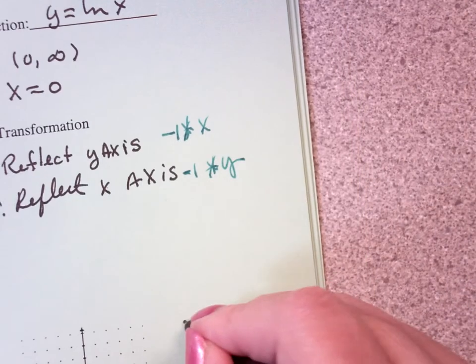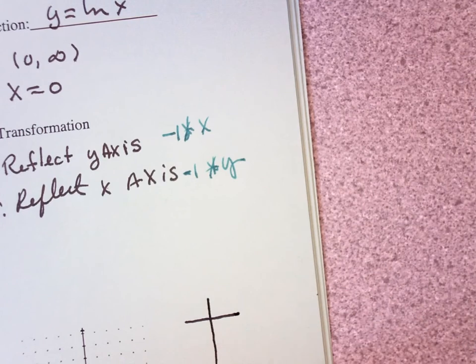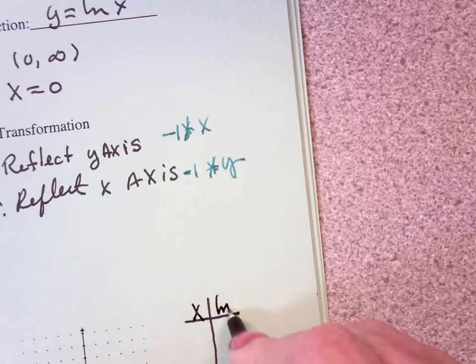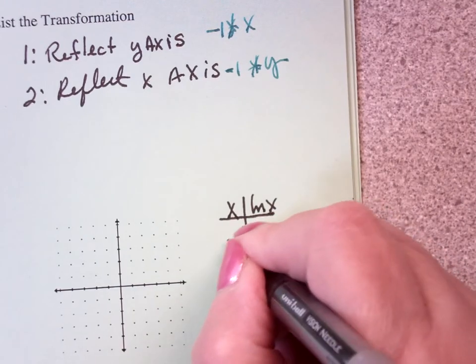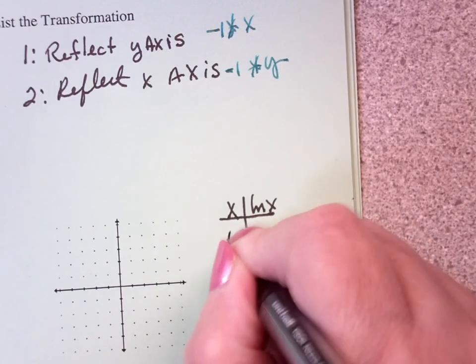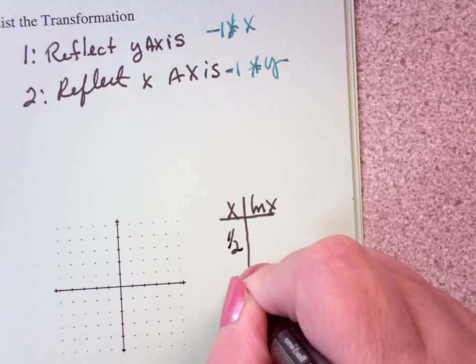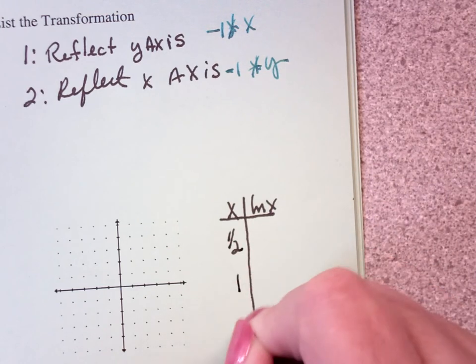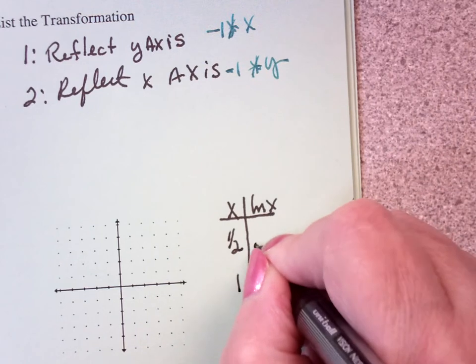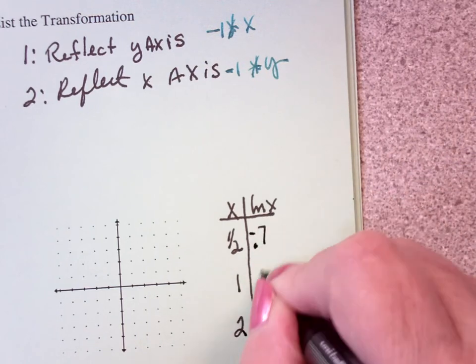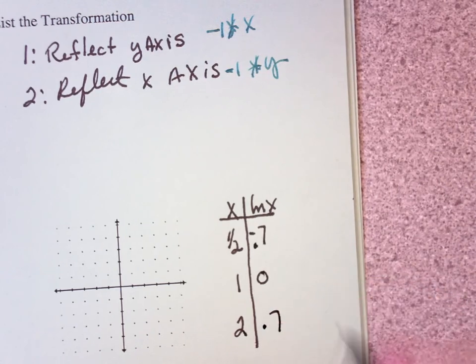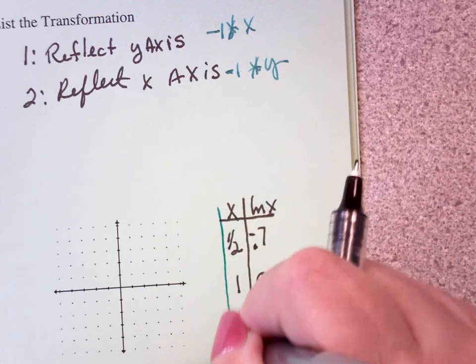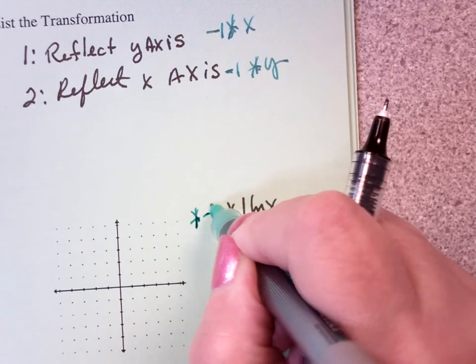So I'm going to pull my t-bar chart. So x, natural log of x. We have our 3 coordinate points, which are 1/2, 1, and 2. The values are negative 0.7, 0, 0.7. Now I'm going to multiply all the x's by negative 1.